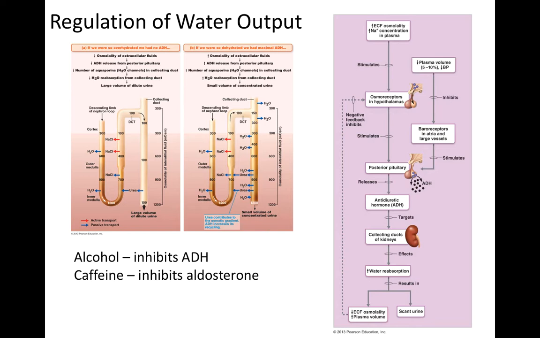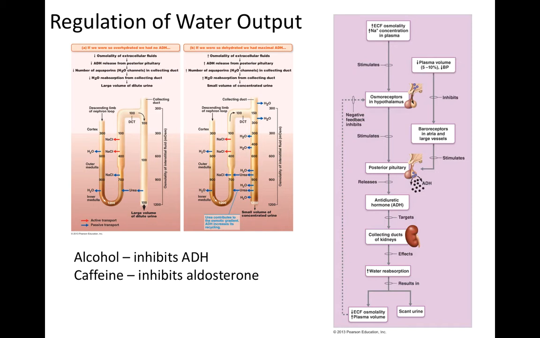That is why you get dehydrated when you're drinking alcohol. It's also why it's suggested that you drink water while you're drinking alcohol. It's not to kill your buzz. It's to rehydrate. It's to basically say, okay, we know we're going to be urinating out a huge amount of fluid here, so let me put some extra fluid in my body to compensate for that loss.